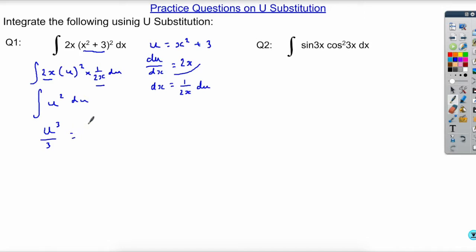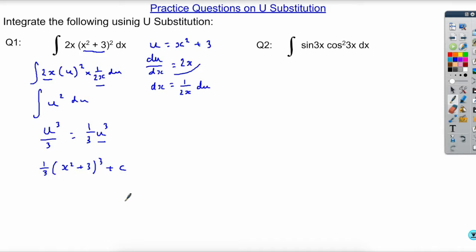I'm going to write that as 1/3 u cubed. All I now need to do is replace the u with what I made the substitution in the first place, so I end up with 1/3, in brackets, x squared plus 3, cubed, plus the constant of integration c.